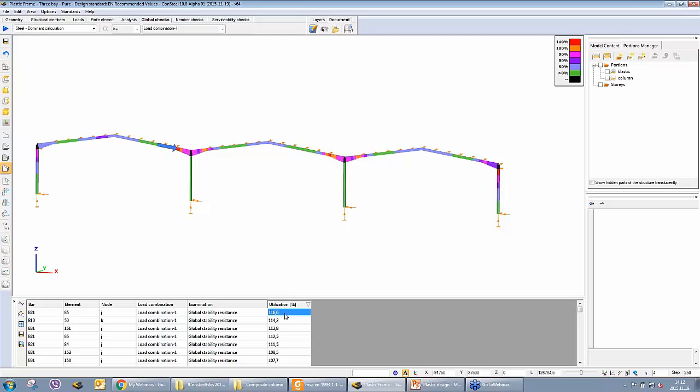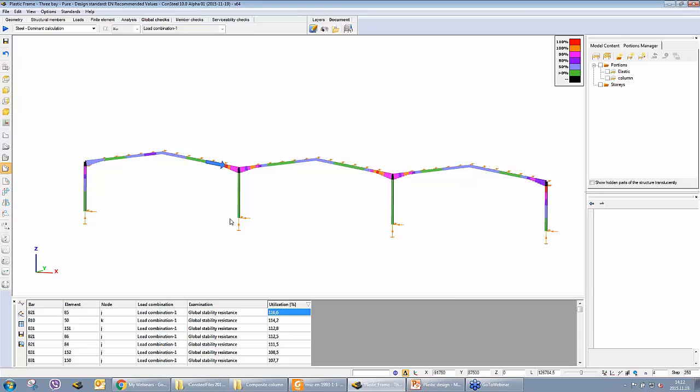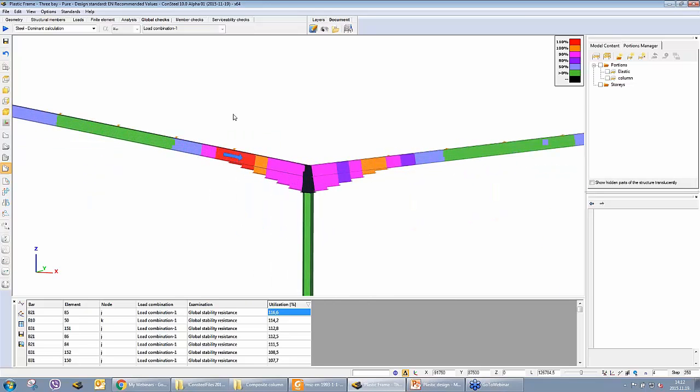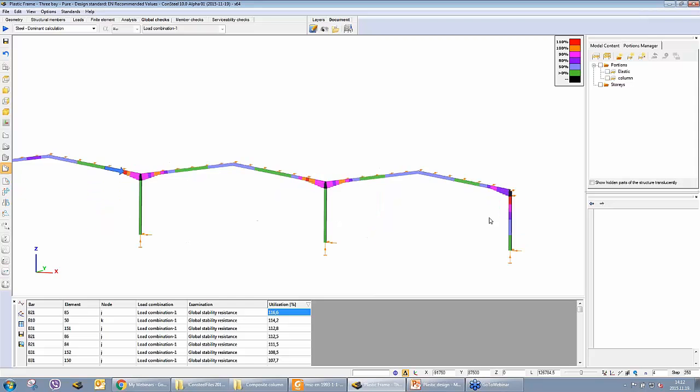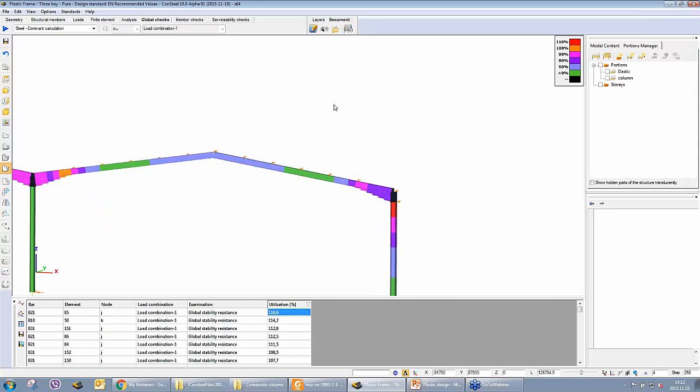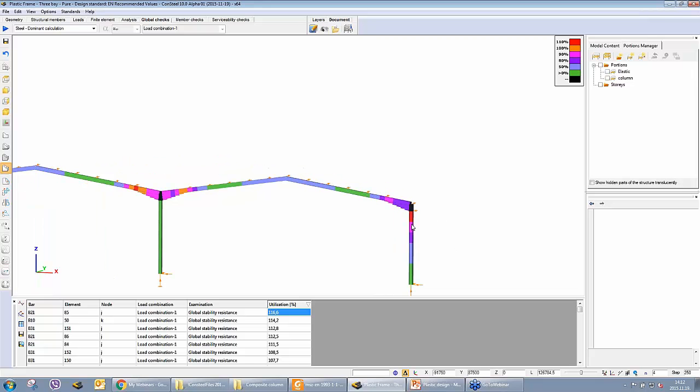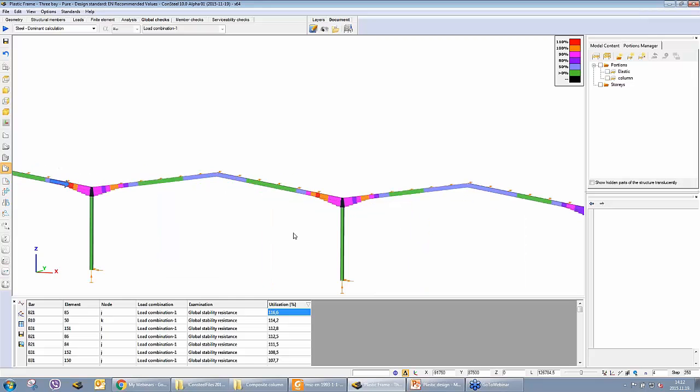The maximum utilization comes from global stability resistance, of course around this region where we have the highest bending utilization and where we have the most dangerous buckling mode from the calculations. These calculations are done by the general stability resistance calculation of Eurocode based on the elastic critical load levels. So we have a not adequate segment in our column and in our beams as well, here, here, and here.